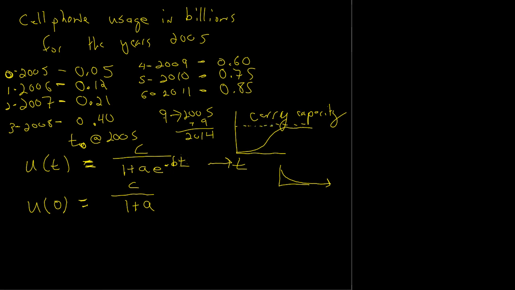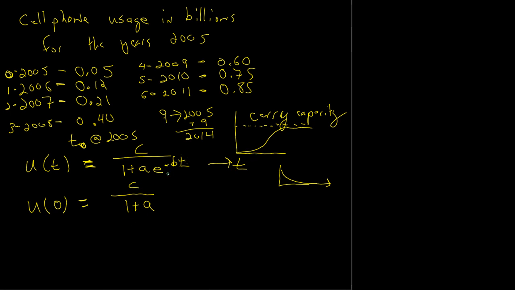So it approaches some number. But very early on, when b times t is less than 1, this looks like a positive. It has a positive end to it.